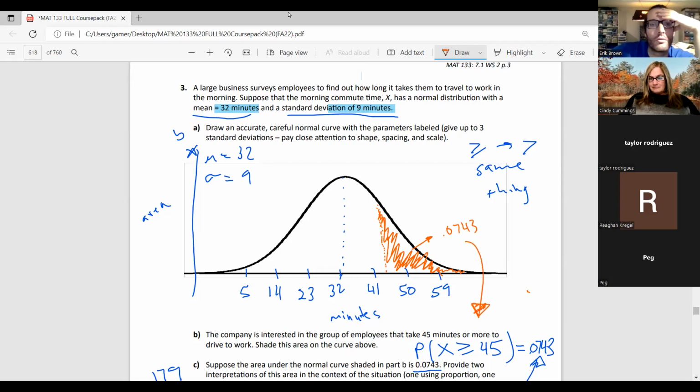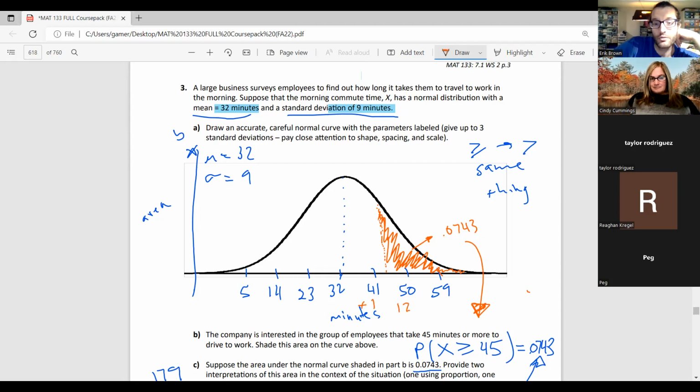Or is it too soon? Oh, wait, here's a chat. Yes, why is it unusual? Okay, that's the key. Is it more than 2 standard deviations away? So let's evaluate that. This is +1 standard deviations.